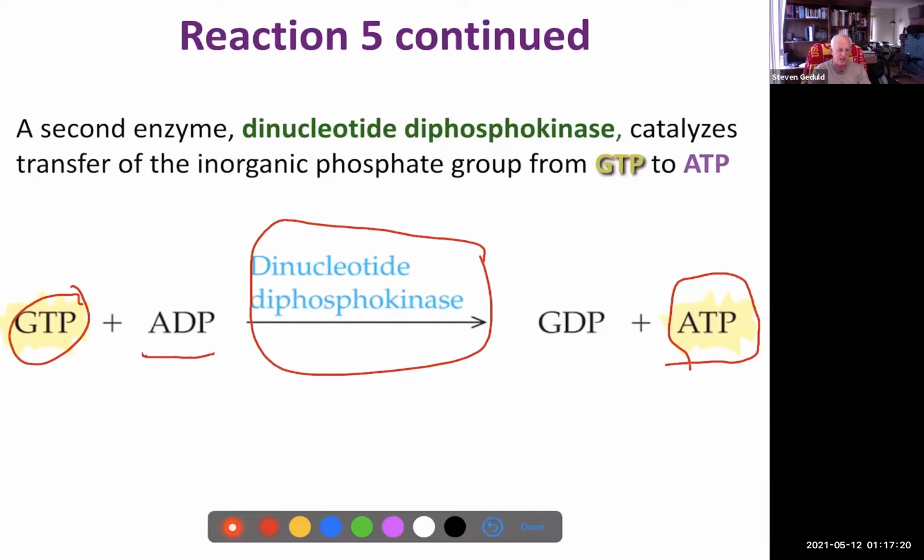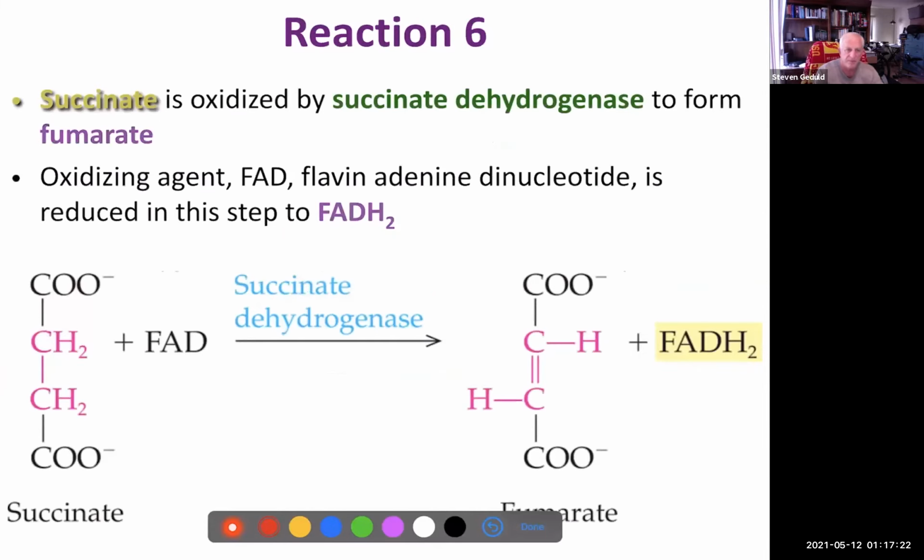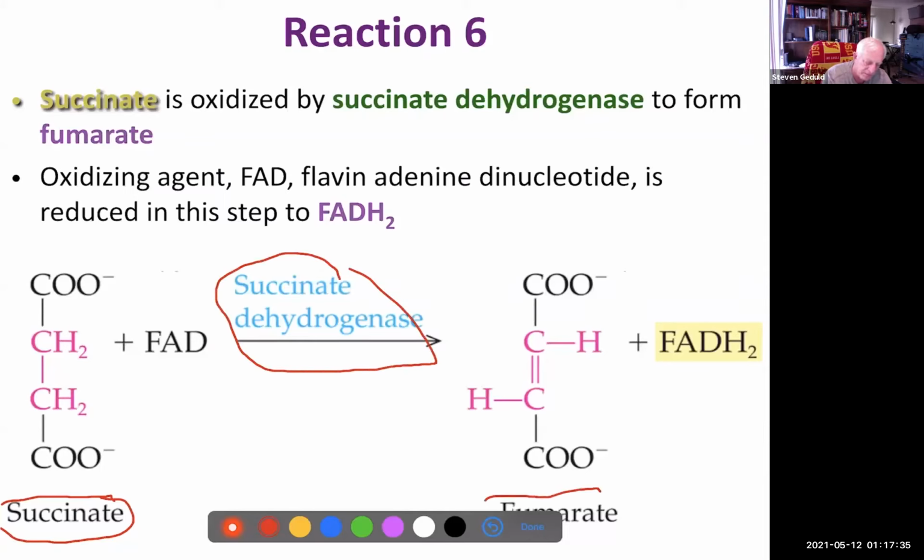Okay, so now you produced ATP. The sixth step, succinate. That's what we produced at the end of the fifth one. So succinate then becomes oxidized by succinate dehydrogenase, that's your enzyme, to form fumarate. And FAD is reduced to FADH2. Remember, when something's being oxidized, something has to be reduced.